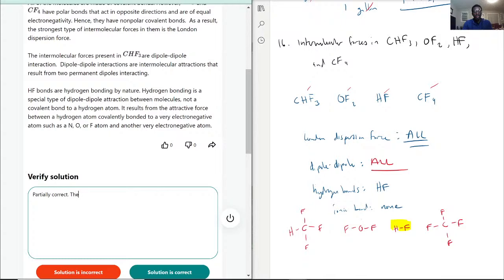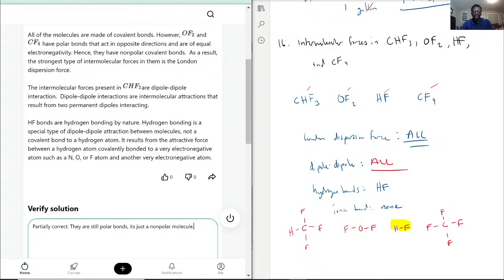They are still polar bonds. It's just a non-polar molecule. But the polar bonds, yes, exactly, the polarities would still interact with each other. Even more so for OF2, because it's still going to have lone pairs on the oxygen, so that one is definitely going to be polar.